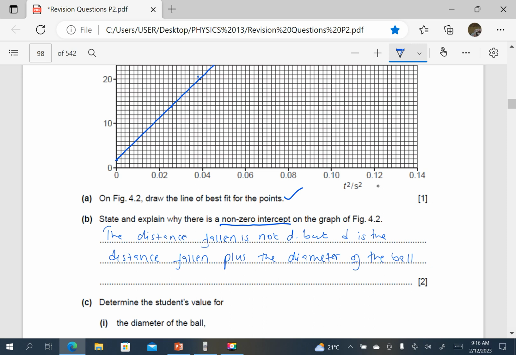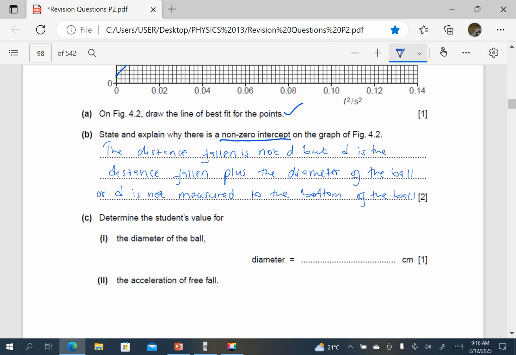That's why we have a non-zero intercept. Or you would simply say D is not measured to the bottom of the ball. You would simply say that D is not measured to the bottom of the ball.